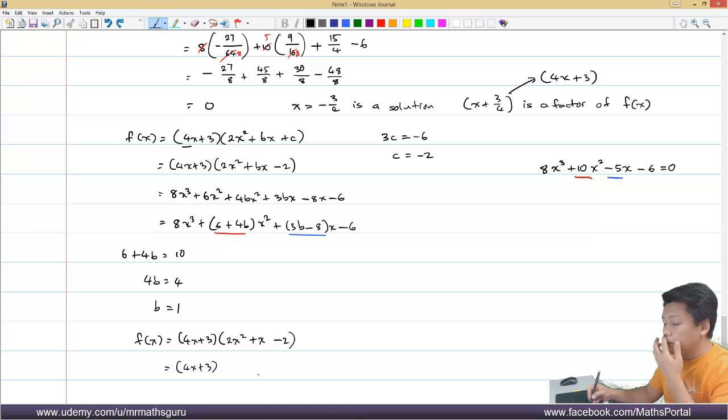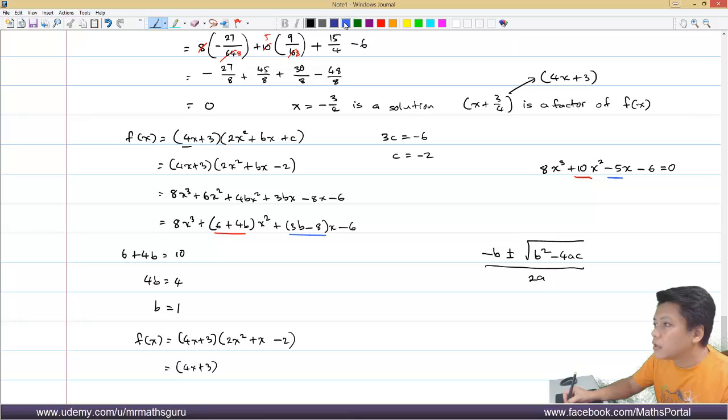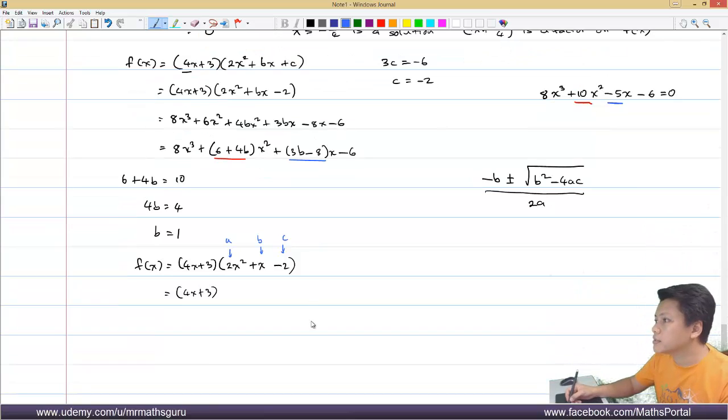We need to use what we call quadratic formula, which is minus b plus minus square root of b squared minus 4ac over 2a. In this case, this is a, this is b, the coefficient only, and this is c. So let's do that.